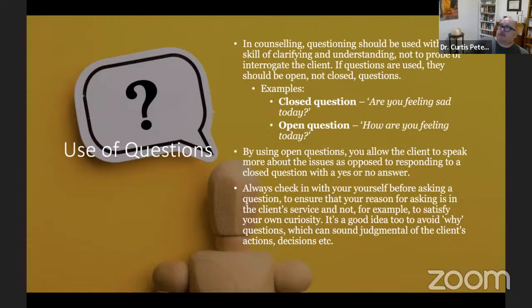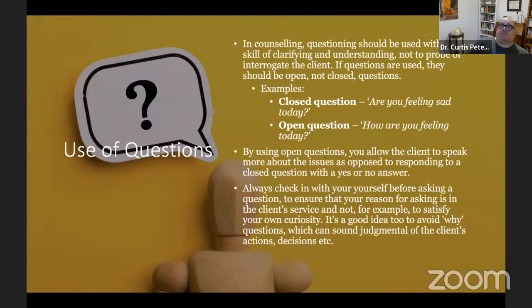But then after being questioned about it afterwards, there was really no therapeutic reason for me to have asked the questions that I asked. And I've seen this with people I've supervised and the like. So it's really important before you ask a question to do a self-check and ask yourself, what is the therapeutic value of us knowing this bit of information?